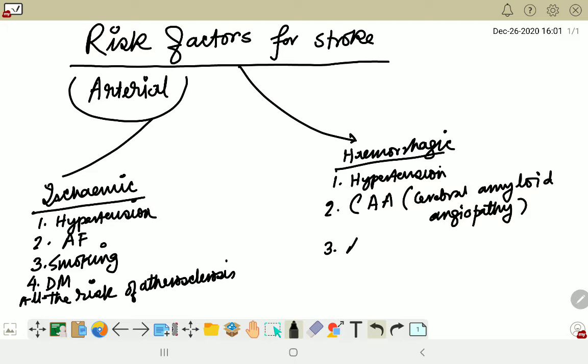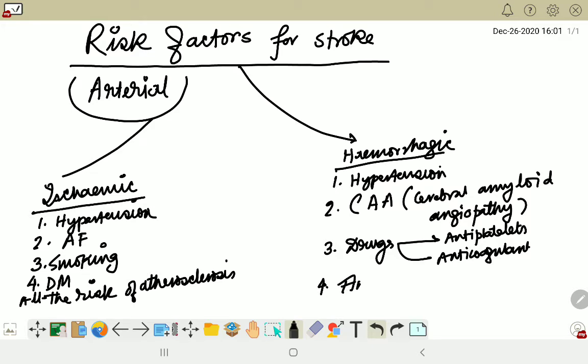Number three is drugs, for example, antiplatelet and anticoagulant. And last but not least, number four is aneurysm or AV malformation. So these are the most important risk factors for arterial stroke.